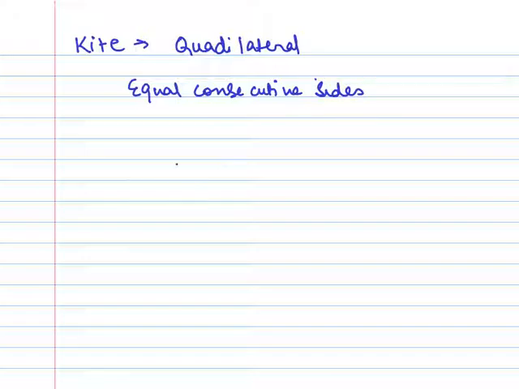Now see, we will draw a kite like this because it has two equal consecutive sides. If it is represented with A, B, C and D, then this side will be equal to this side, and AB will be equal to AD. Consecutive means one after the other.